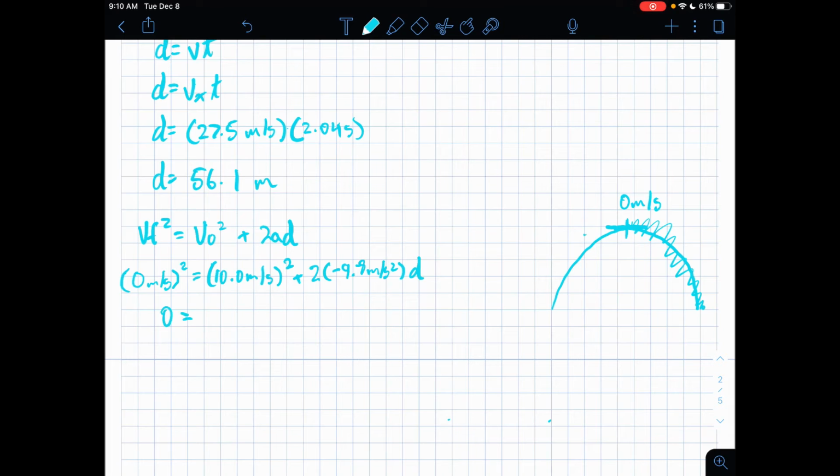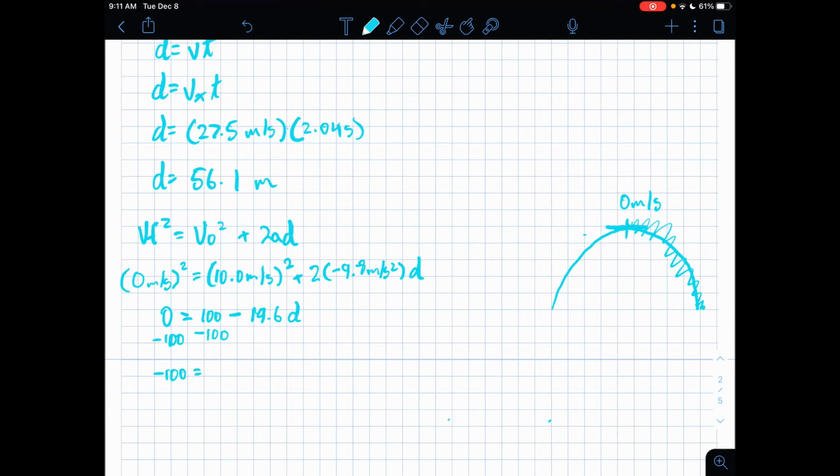Let's first square this out, so this would equal to 0 is equal to 100 plus 2 times negative 9.8, so that would be minus 19.6 times d. So you would subtract 100 from both sides.